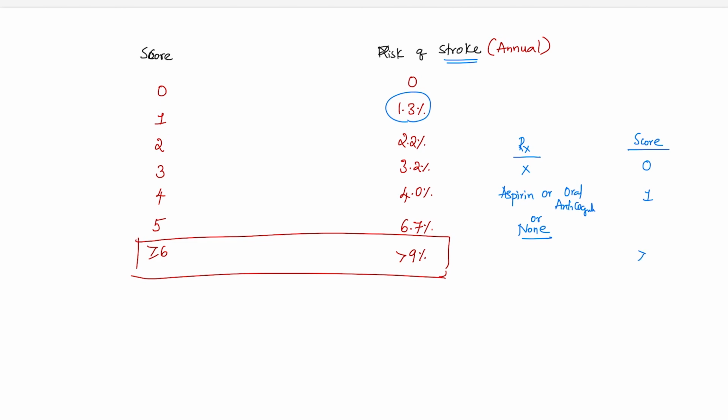But if the score is more than 1, that means starting from 2, any score after 2, you have to put the patient on oral anticoagulants. So prophylaxis should be started in this patient, weighing the risk versus benefit ratio, because the risk is high. So this is how you use the CHA2DS2-VASc score to assess the risk of stroke in a patient with atrial fibrillation, and based on the score you will decide what drug to prescribe for long-term therapy.